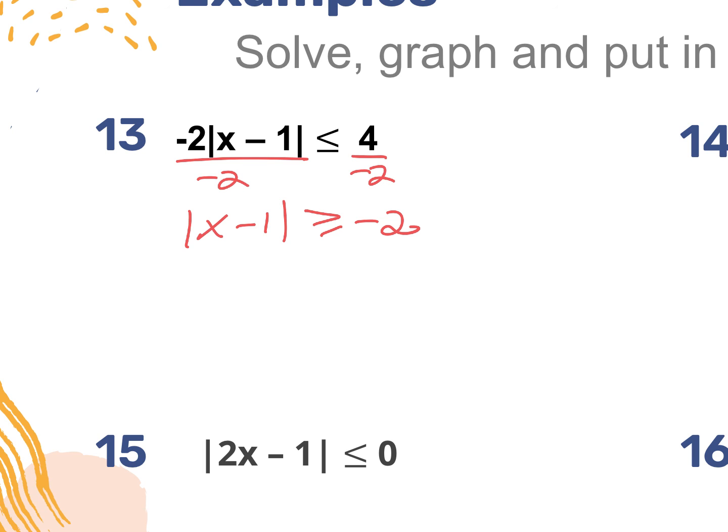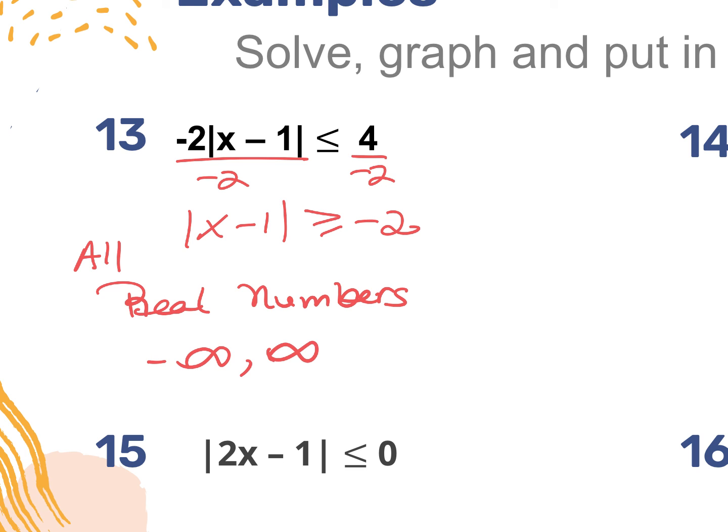The answer is just all real numbers, because what's going to come out of that absolute value will always be positive. So this is all real numbers. The way that we will write all real numbers in interval notation is we will show it goes from negative infinity to positive infinity, because technically this is the entire number line.